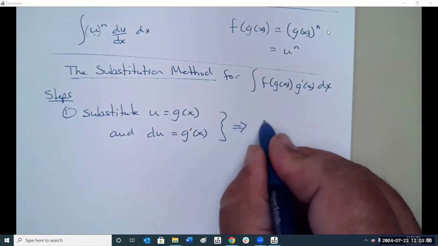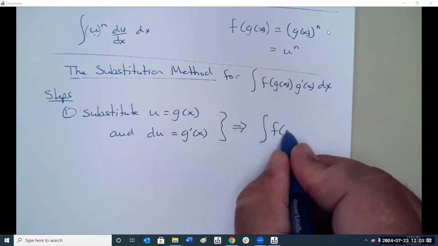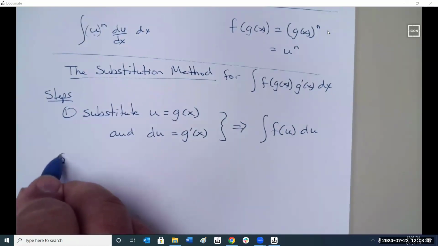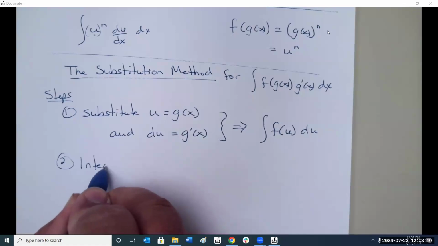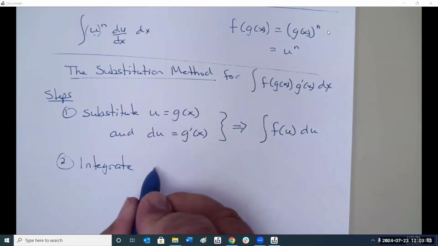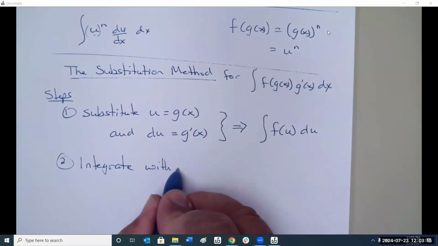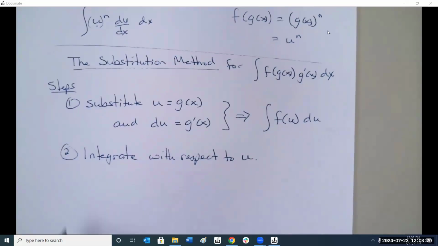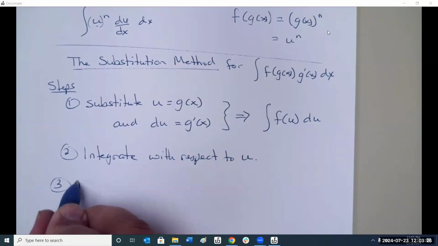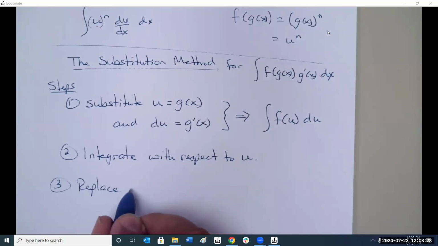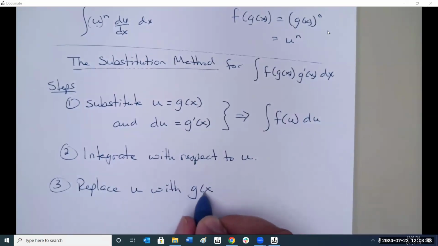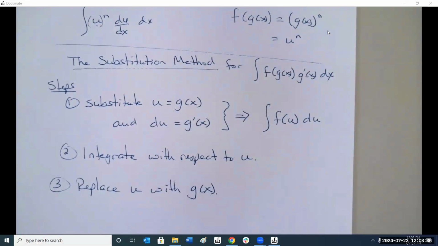That gives us the integral of f of u du. Integrate with respect to u. And then replace u with g of x and you're done. Those are the steps.